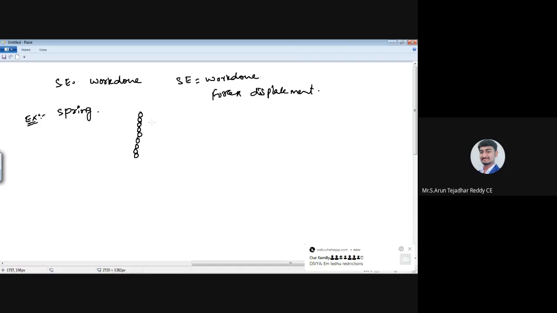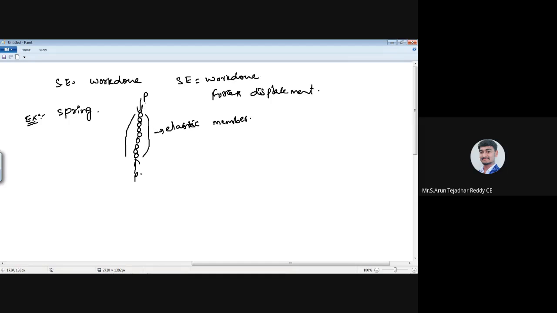In this spring, basically this is the elastic member. So we are applying some loads here, P. So spring will get deformed. Deform means the shape will change. So when we are applying load, spring will get deformed.